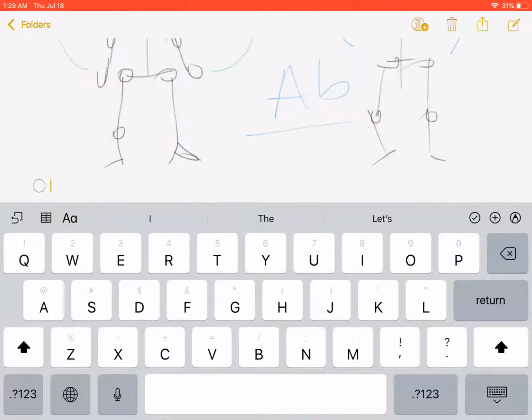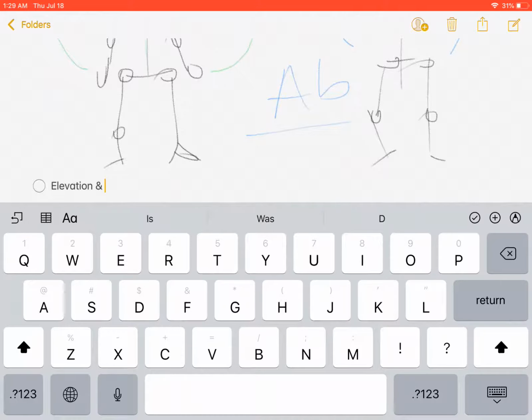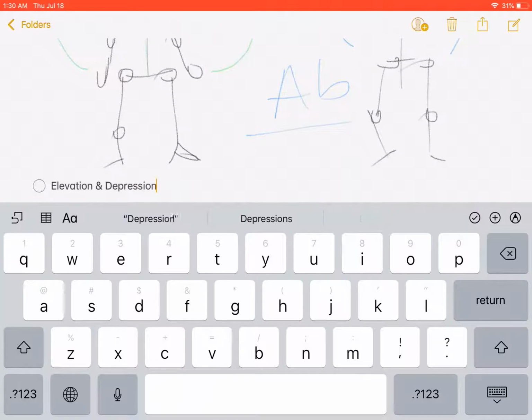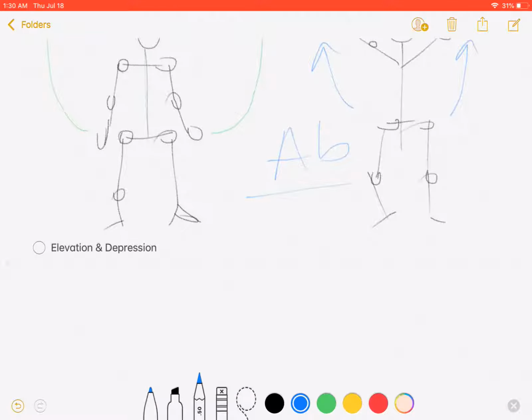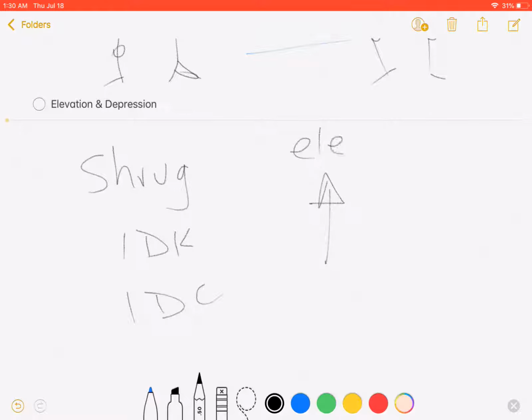Elevation and depression. We have something very intuitive. Think about your very typical shrug when you say, I don't know, or I don't care. When your shoulders go up, that's elevation. When your shoulders go down, that's depression. But remember, it's not just your shoulders, it could be your mandible.